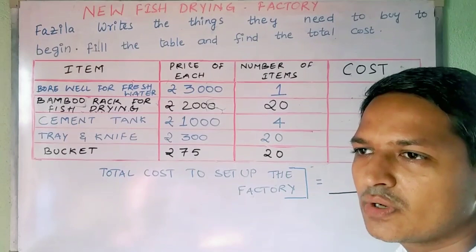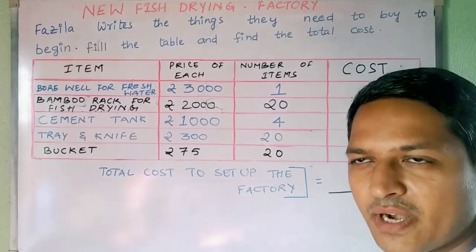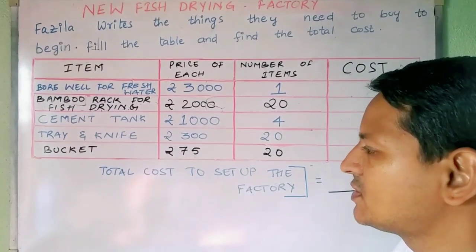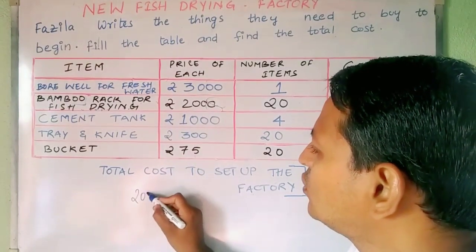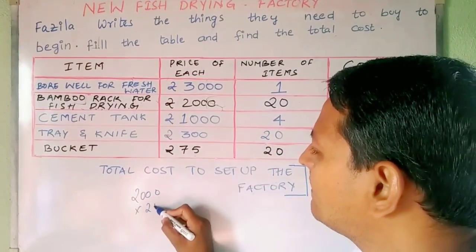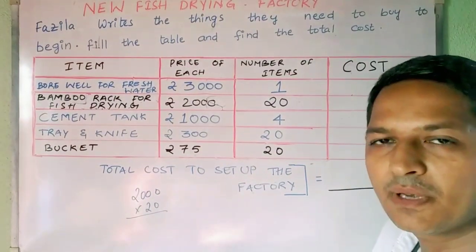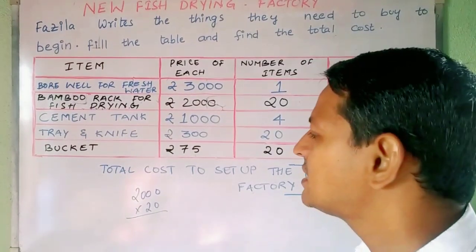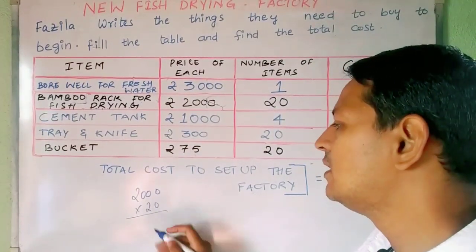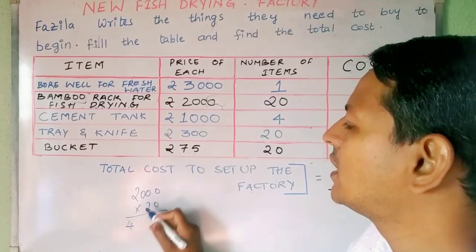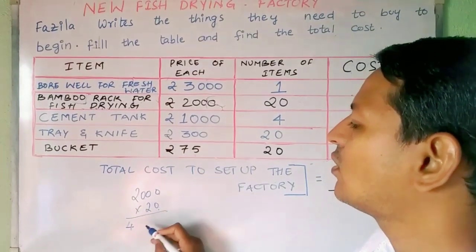So if you want to know the total cost, what do we need to do? Repeated addition or multiplication. So simply you need to multiply 2,000 by 20. And I told you the multiplication with numbers having zeros is very simple. 2 2s are 4, here 3 zeros, here 1 zero, total 4 zeros.